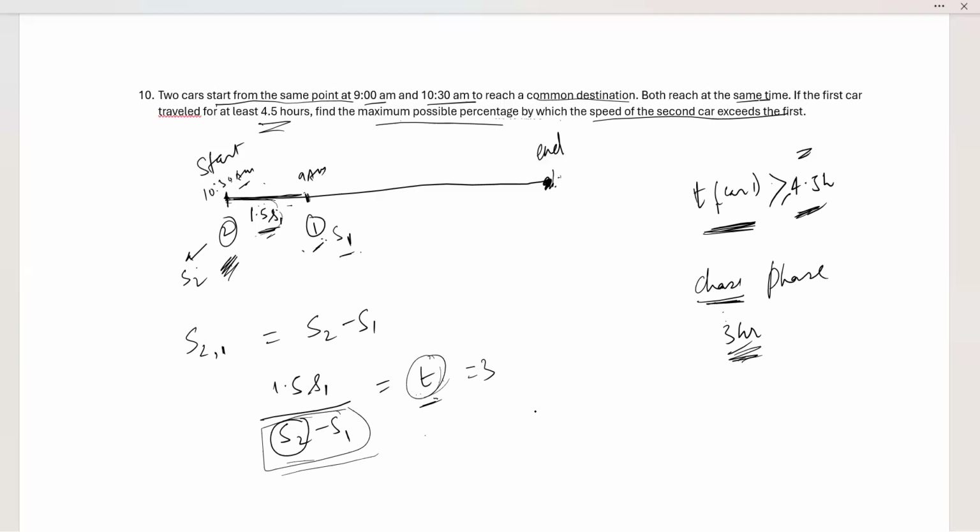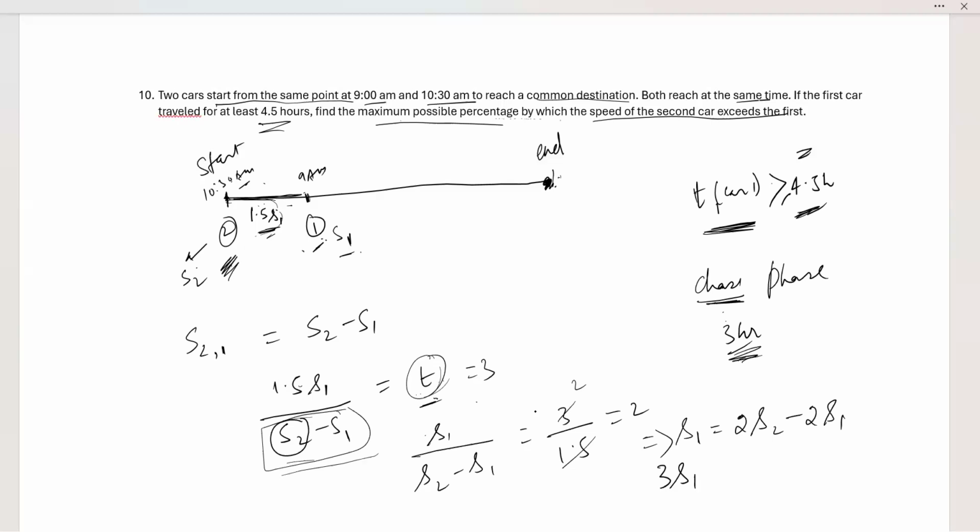So we'll simplify the equation. This 1.5 goes down: S1 upon S2 minus S1 is equal to 3 by 1.5, which is equal to 2. 1.5 cancels out like this. So this can be further simplified as S1 equals 2 S2 minus 2 S1.